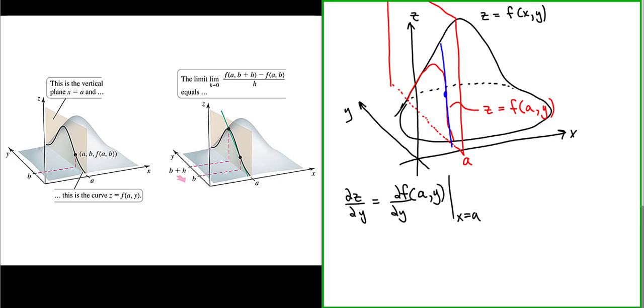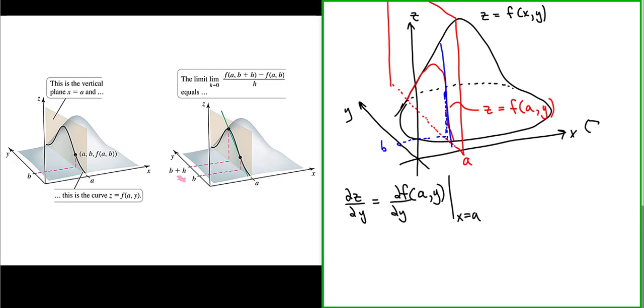Now, that slope of the tangent line at a point, we'll say that that point occurs at the value of y equals b. Let's choose a different perspective to view this curve of intersection and the slope of the tangent line at that point.